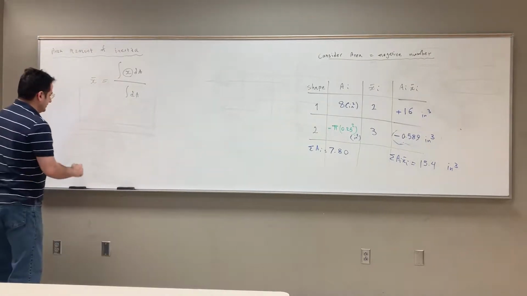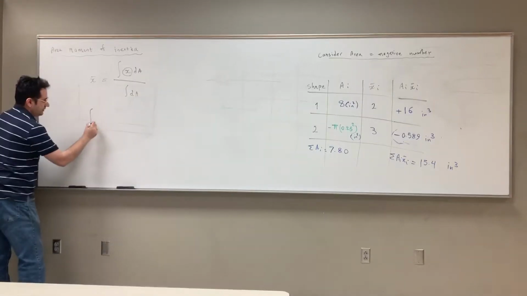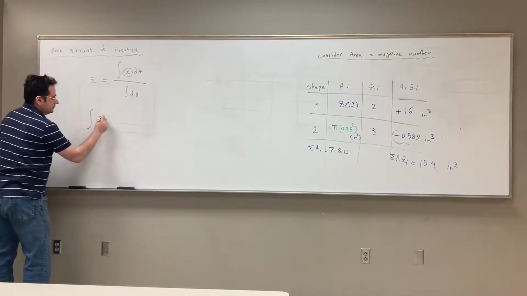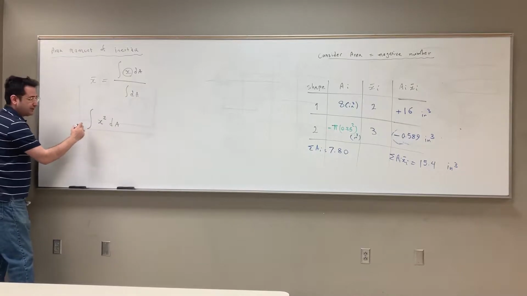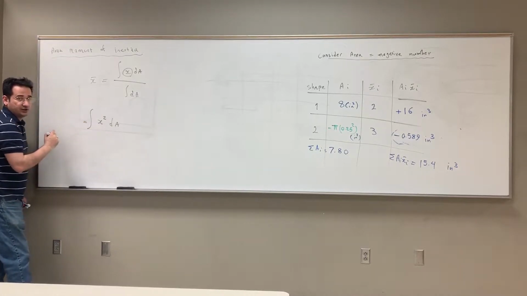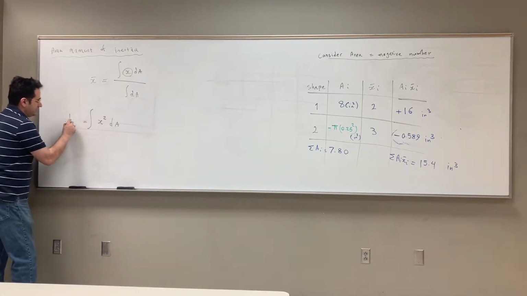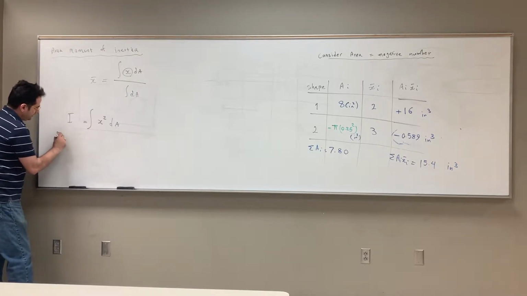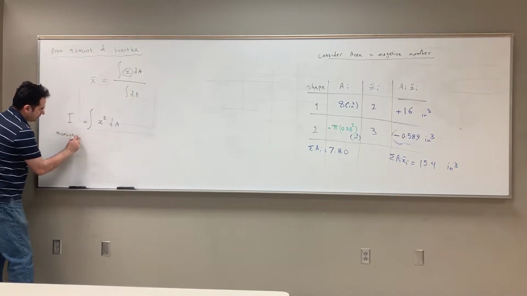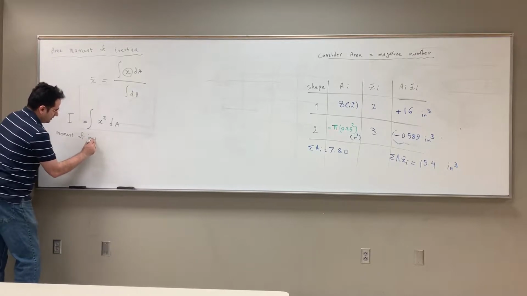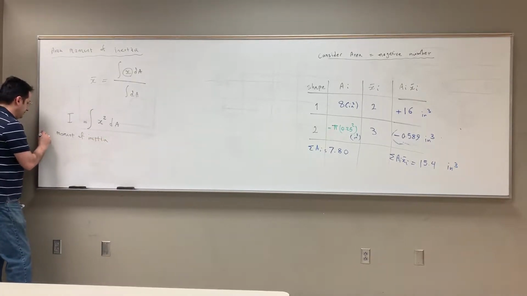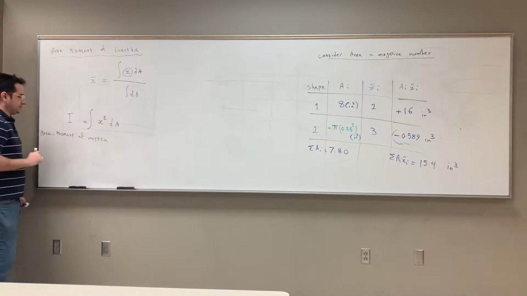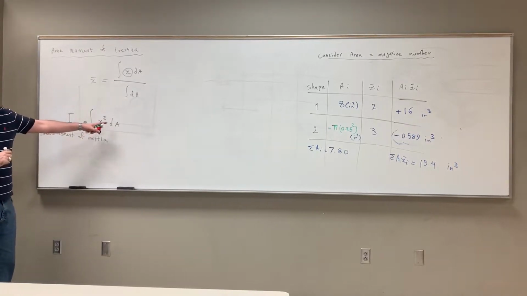Now if I up the power of x to 2, engineers call this integral the moment of inertia. So this is called area moment of inertia. Why area moment of inertia?